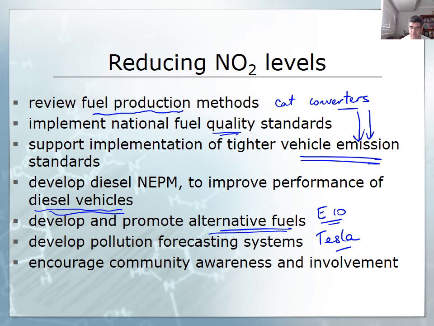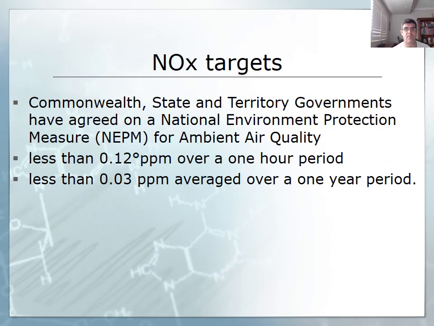There are also a few different hybrids on the market now, and they're also increasing. Pollution forecasting systems are designed to try and identify any rising levels before they reach us, and of course increased community awareness through public awareness raising, advertising campaigns, billboards and those sorts of things.